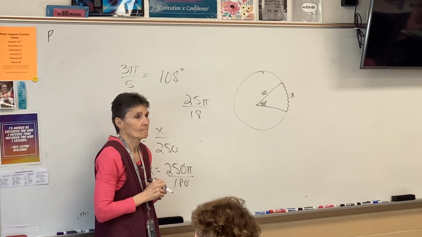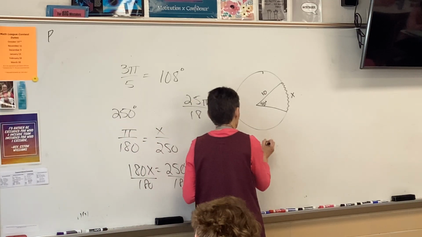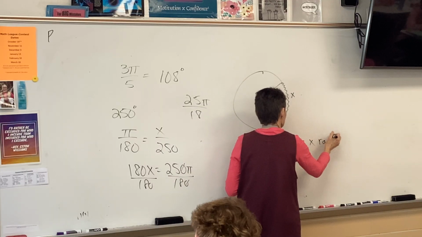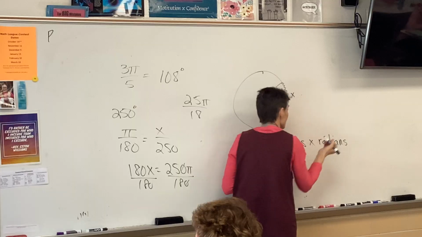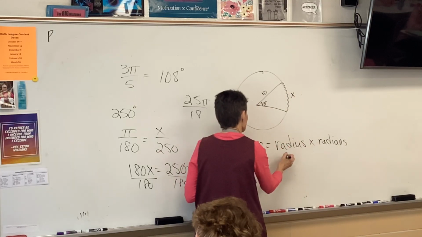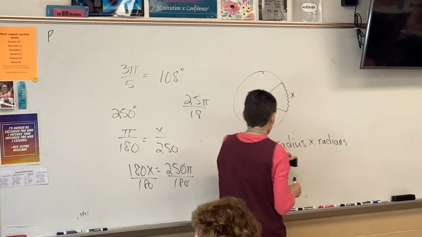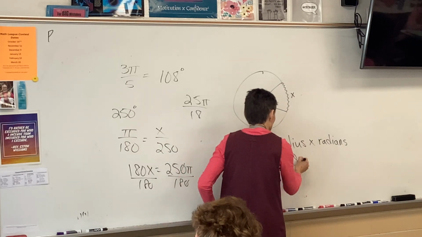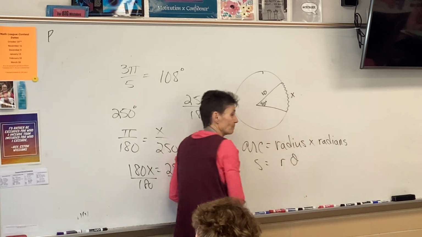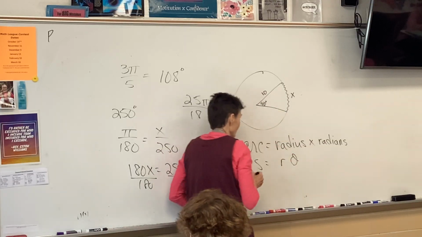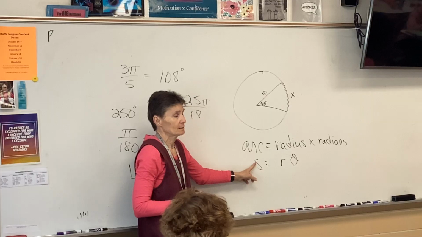Arc equals radius times radians, or if you're using the official formula, S equals r theta, or the way I wrote it, r theta. Radius times angle. This is how I remember it, but this is the official formula.